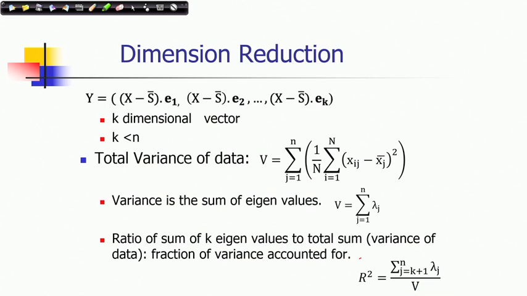Mathematically, we represent this statistic as r square, which is the fraction of variances retained. As you can see, actually this is not the fraction of variances retained, this is the fraction of variances which are rejected. It is the sum of the variances of those components which are not accounted for in your representation. So, this r square should be as small as possible.